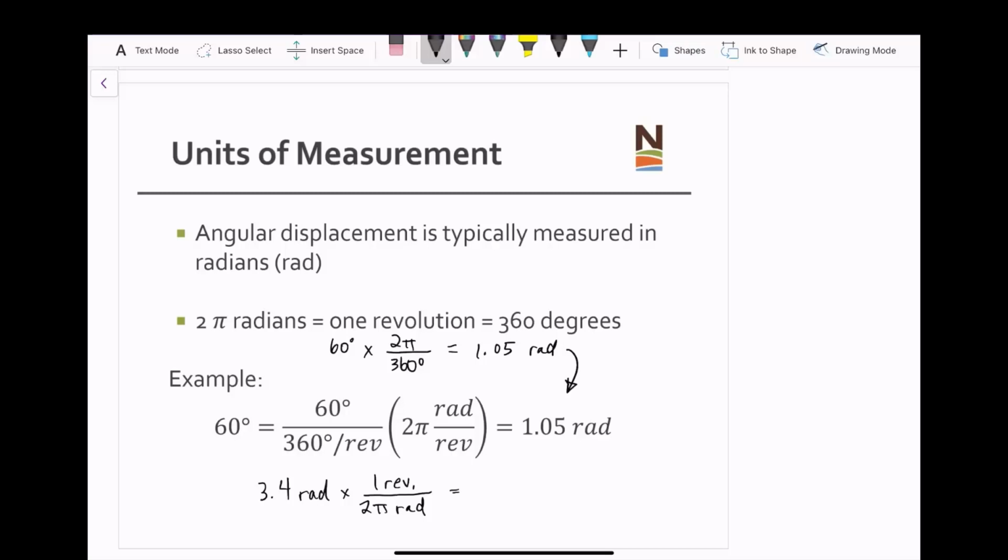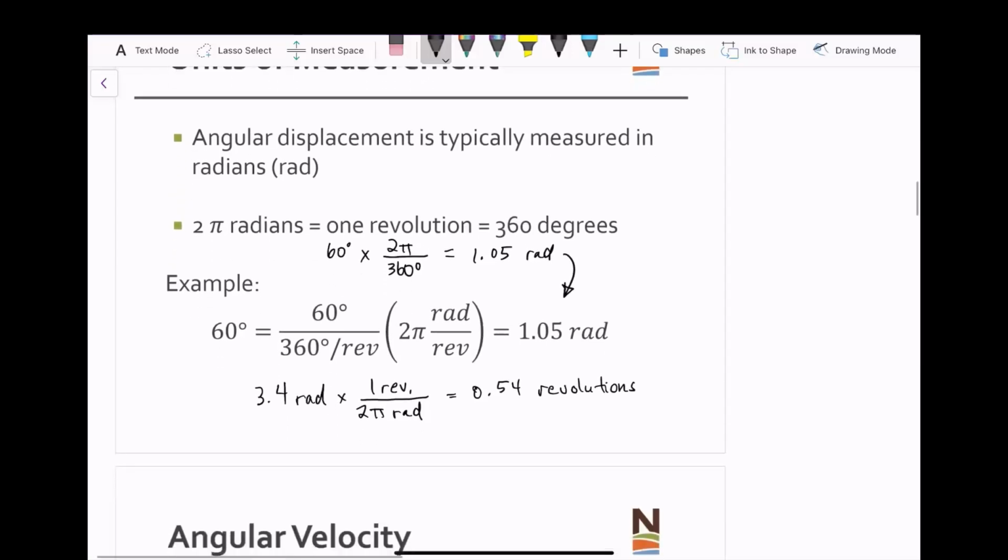And so 3.4 times 1 divided by 2 pi gives us 0.54 revolutions. Okay, so that's how you would use these to convert between those 3 units, usually in terms of radians, degrees, or revolutions.